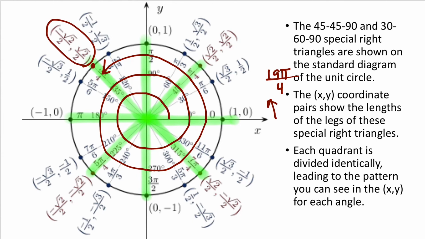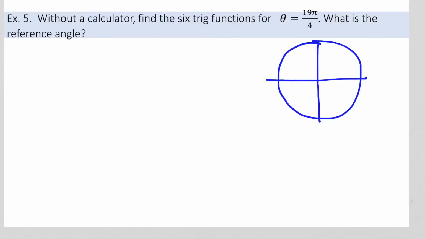So let's go back to our example. So I'm right here in the second quadrant, drop a perpendicular, so my reference angle is pi over 4, or 45 degrees. So this is my reference angle, pi over 4, always a positive acute angle.